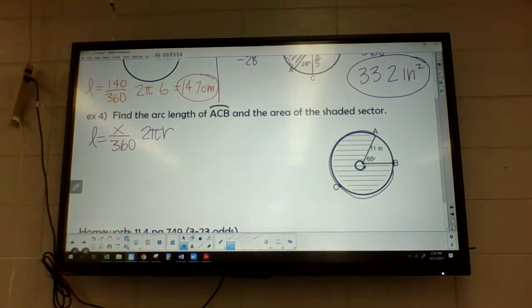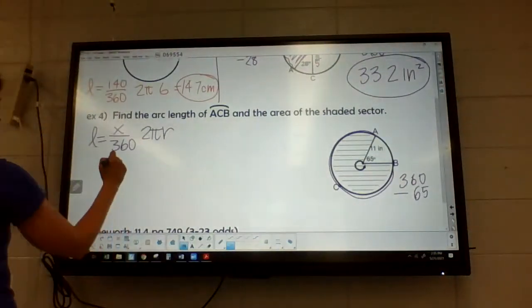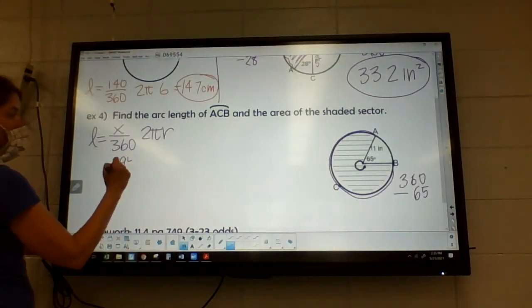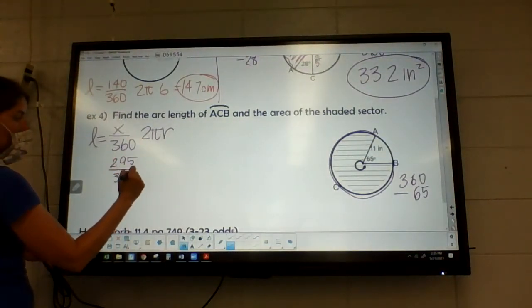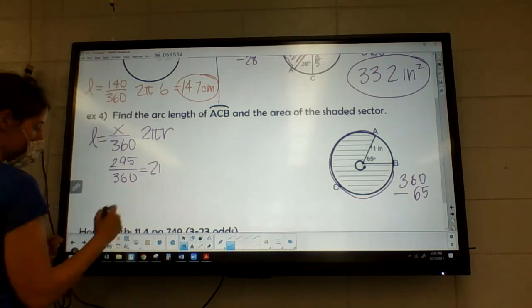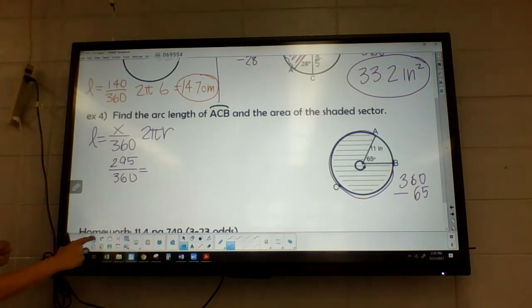what's my angle going to be in this case? What's that? 295. So 295 sounds right, because we are going to take this little 65-degree angle, and the whole thing is 360. So I have to subtract that 65 from it. So 295, so a big chunk of the circle. Times 2 pi r.